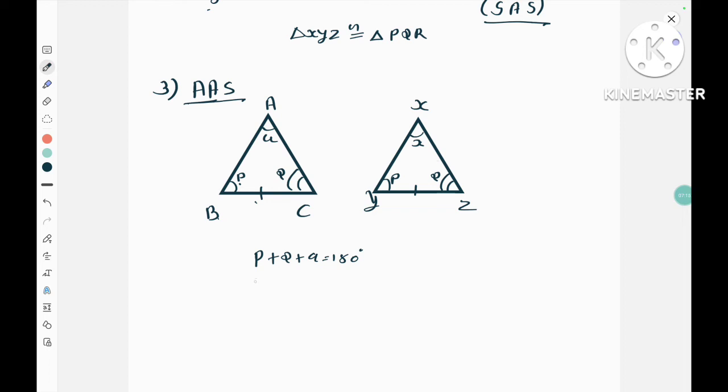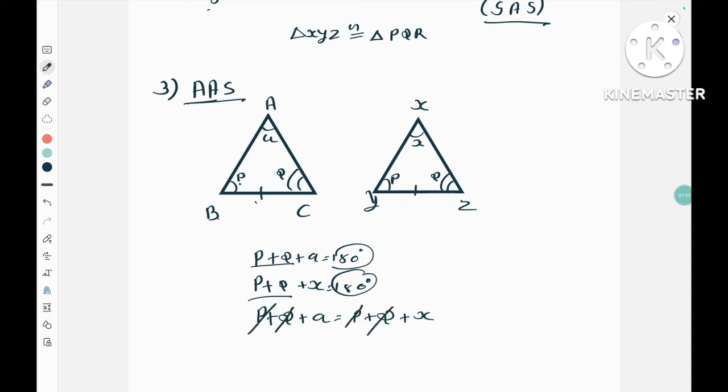Same thing for the second triangle: P plus Q plus X equals 180. Both sides are 180, so we can write P plus Q plus A equals P plus Q plus X. P and Q are on both sides, so they cancel. So A equals X.